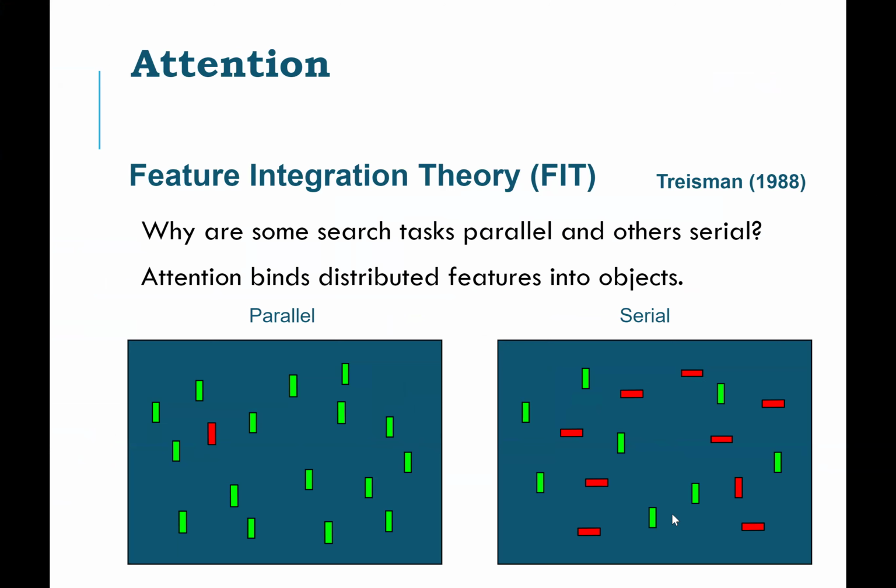In this case, what makes the target? Orientation and color, right? So it's not just one factor that defines your target, but rather a combination of factors. It's not just its orientation, and it's not just its color. It has to be red and it has to be vertical in order for you to find the target.